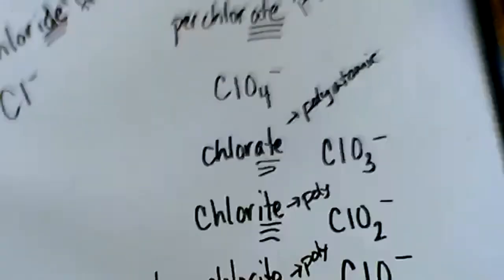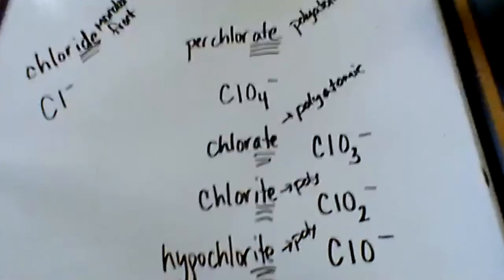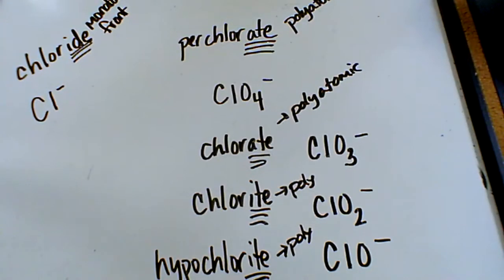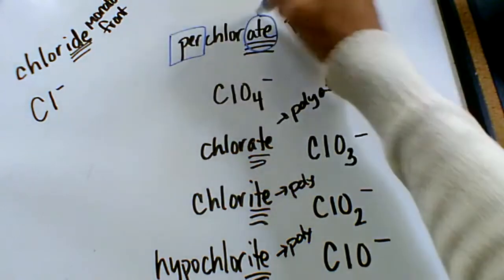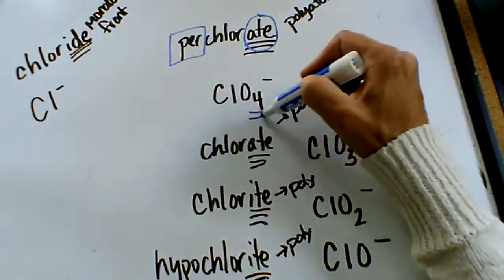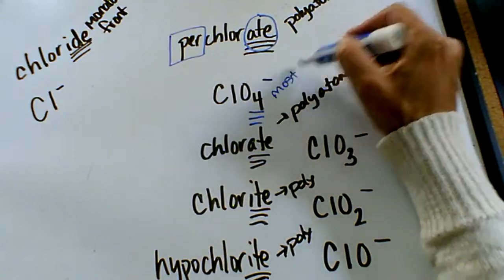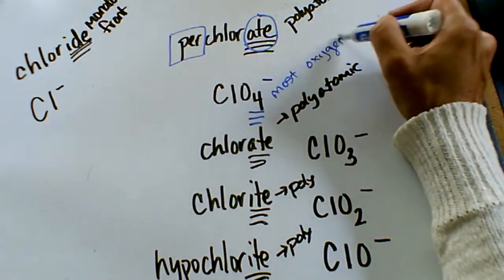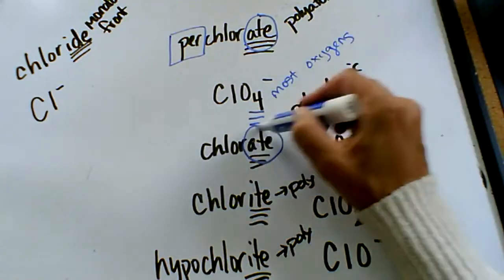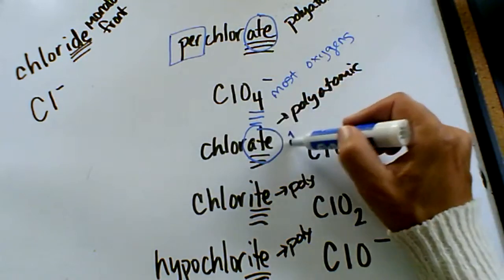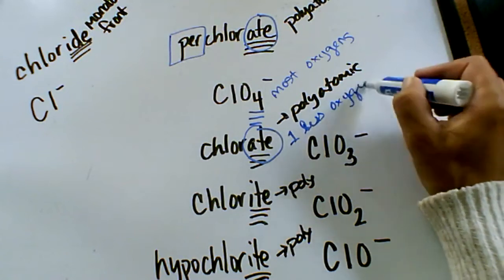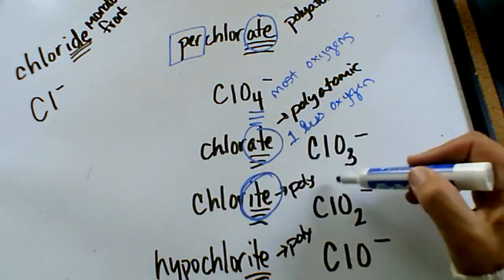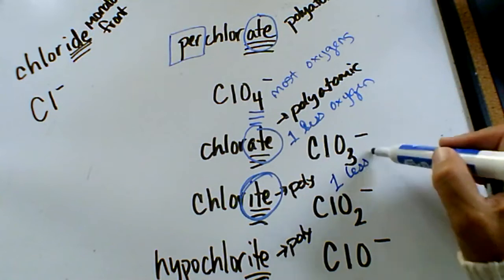I can't help but take this opportunity to show you how this works. Perate has 4 oxygens, the most oxygens. I've got an ate that has 1 less oxygen. I've got an ite that has even 1 less oxygen.